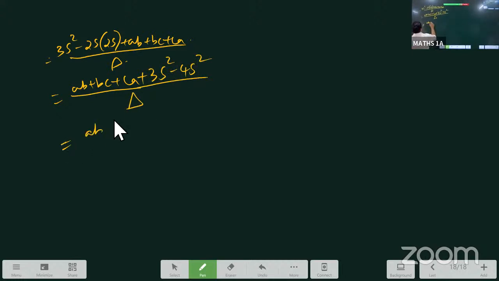That is ab plus bc plus ca minus s square by delta. Is it clear? This is one of the very, very important 4 mark questions. Is it clear?